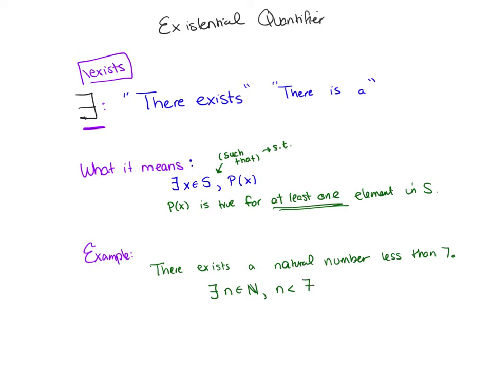That's my existential quantifier. The existential quantifier is true as long as there's at least one of them that's true. The universal quantifier, for every n in N, is only true if it's true for all of them. So that's going to be false because it's not true that every natural number is less than 7, but there is at least one. So the first statement with the existential quantifier is true.